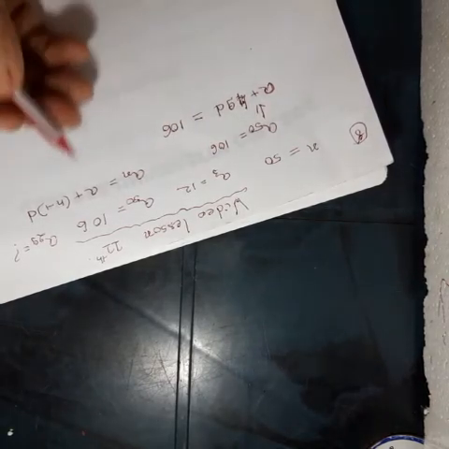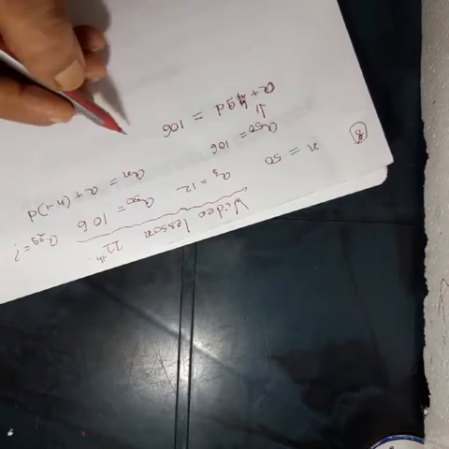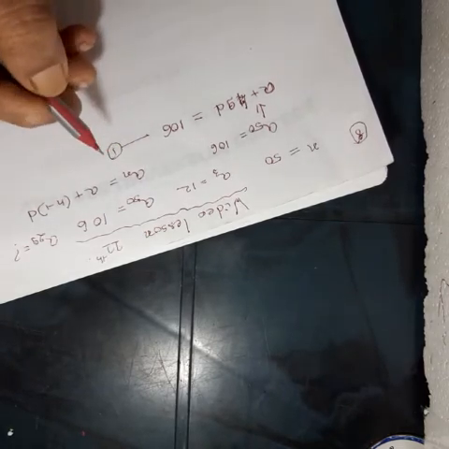So a plus 49d is equal to 106. I'll take this as one equation.